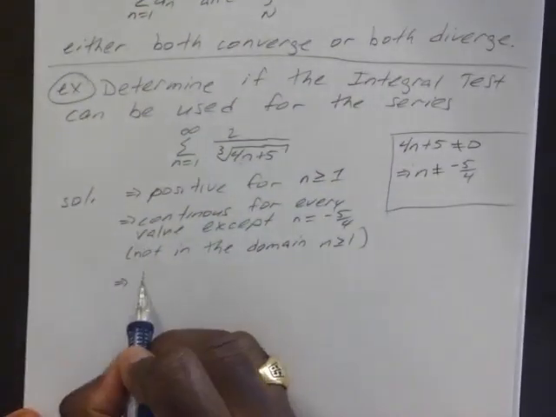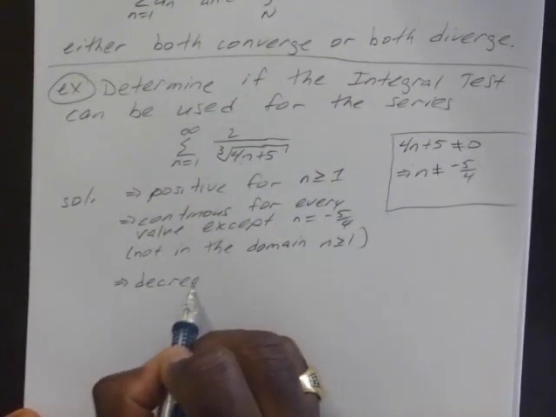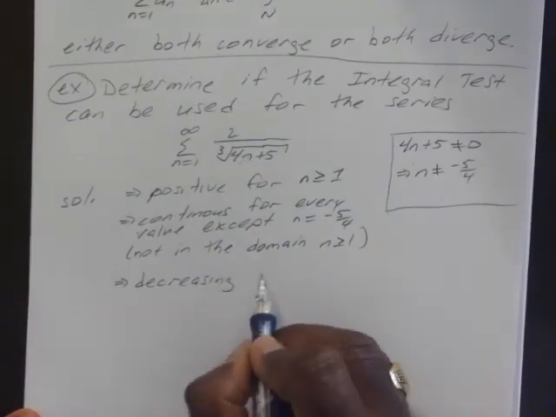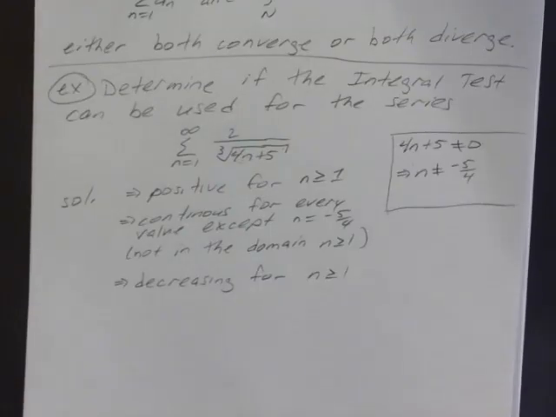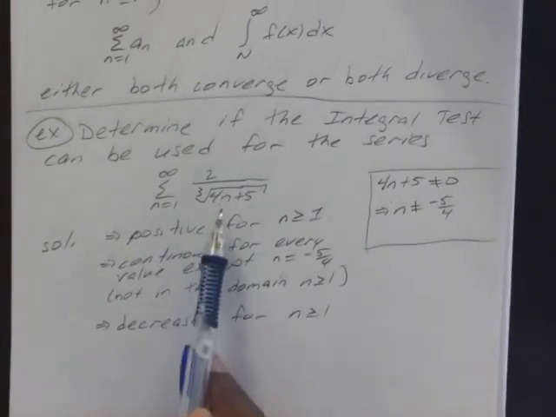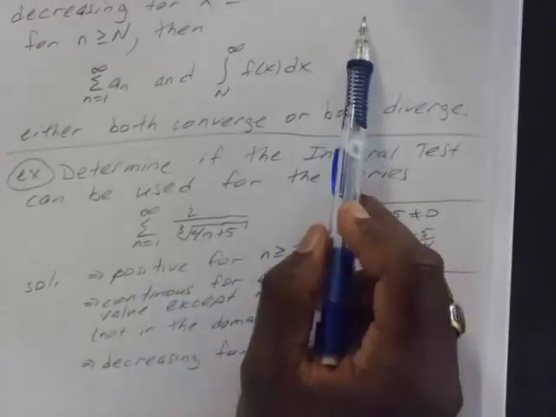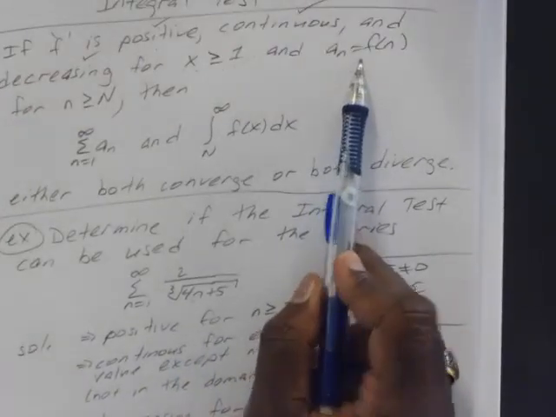So that covers that one. Our a sub n is a function of n, which covers that one.